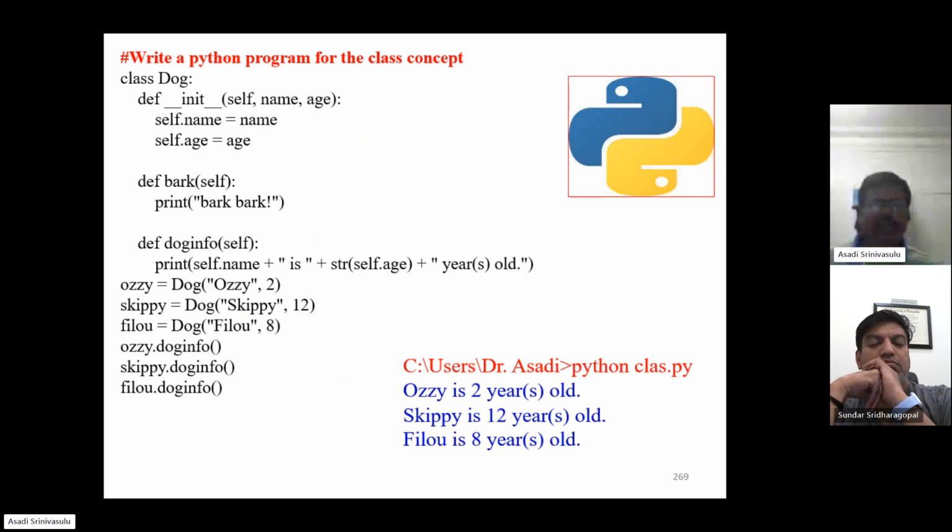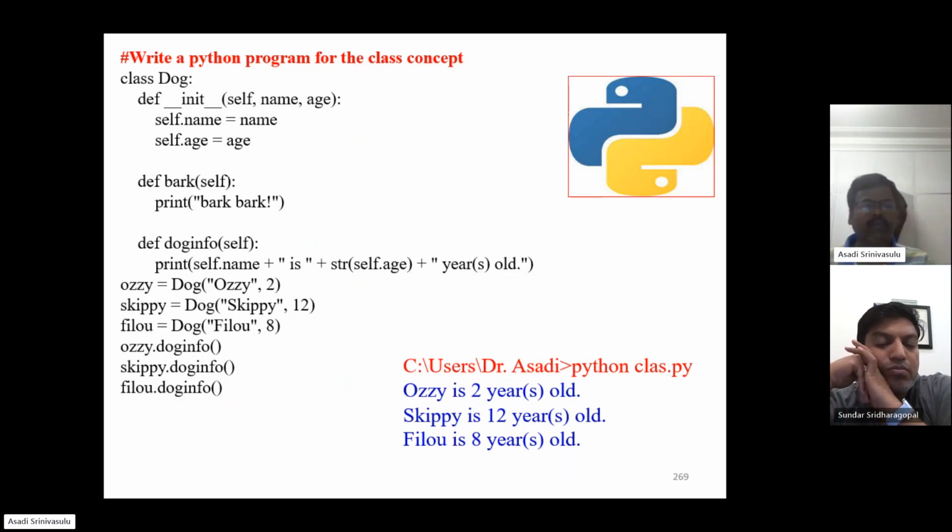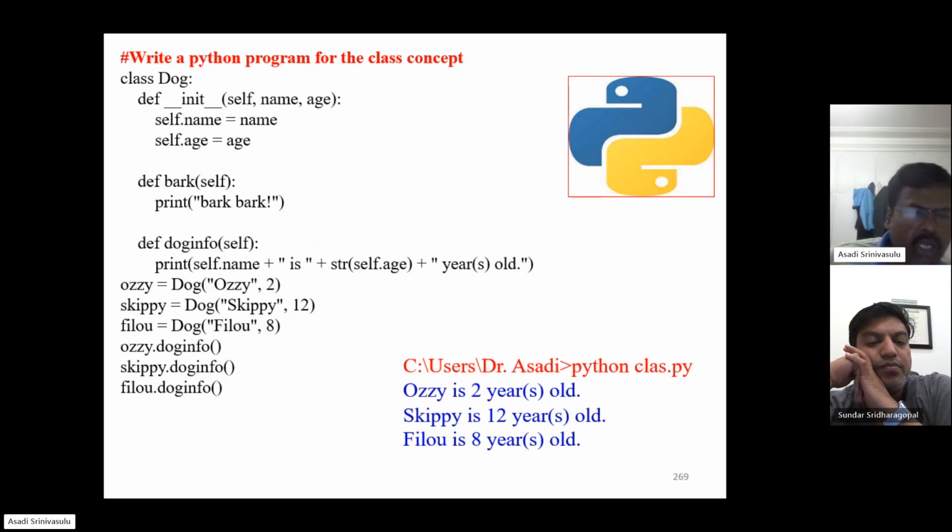My dogs are Woozy, Dog of Woozy comma 2; Skippy, Dog of Skippy comma 12; and Philo, Dog of Philo comma 8. Now I'm invoking the methods: Woozy dot dog info, Skippy dot dog info, Philo dot dog info. I'm getting Woozy is 2 years old, Skippy is 12 years old, Philo is 8 years old.